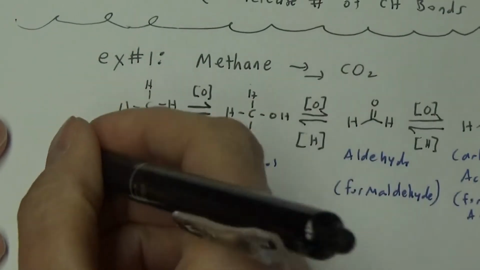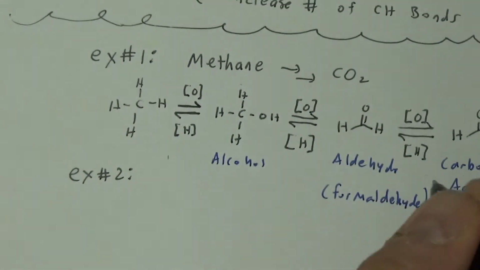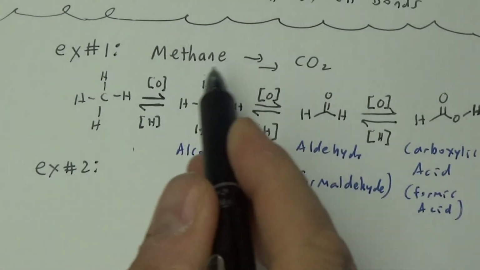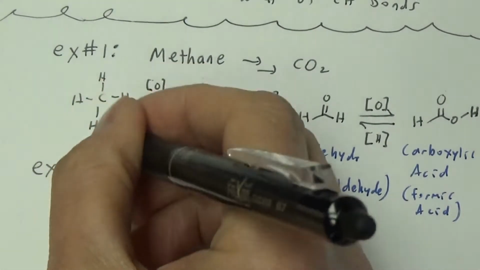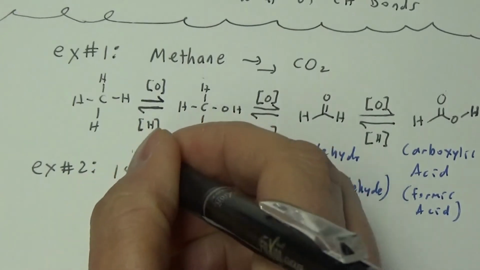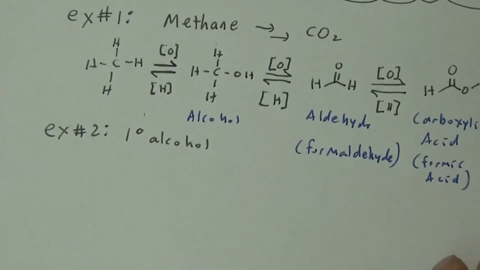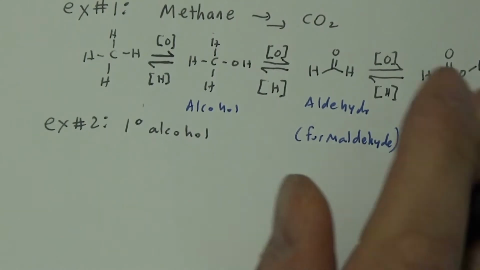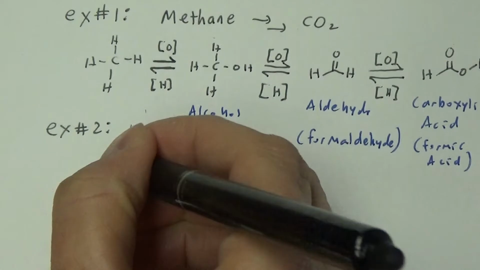Alright, so the second example will be a little simpler. Rather than considering the full oxidation of methane all the way up to CO2, let's just consider the oxidation states starting from a primary alcohol. Okay, and let's think about these. So here's a primary alcohol.